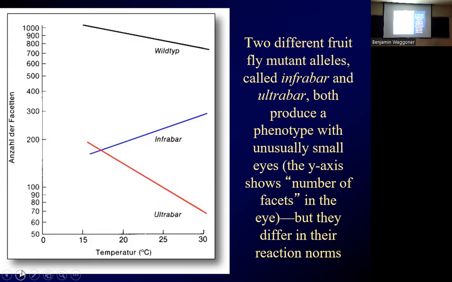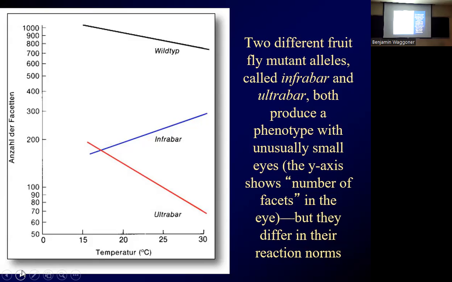It's not necessarily the phenotype, because if you grow them both where those lines cross at about 17 Celsius, you get the same phenotype. The difference between them is they give you different reaction norms. The phenotype responds in different ways to environmental change.